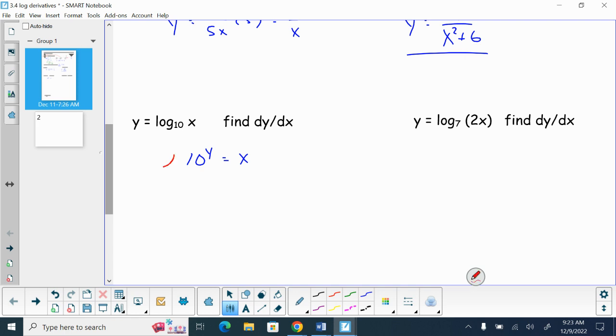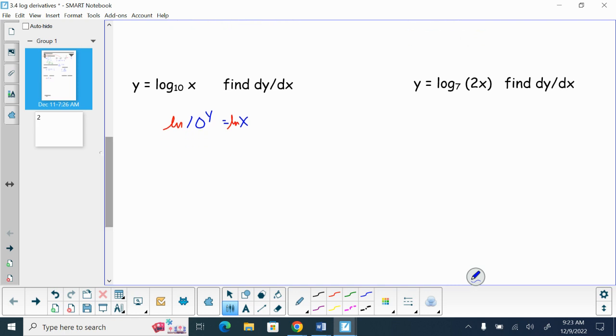But if we take the ln of both sides, what can we do with this exponent? Bring it up front.